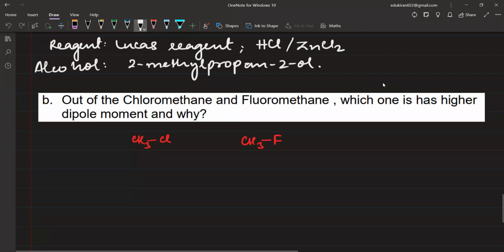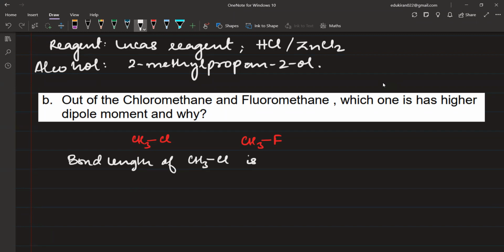Now, we all know that the bond length of CH3Cl is greater than CH3F, right? If I compare chloromethane and fluoromethane, which is going to have higher bond length?